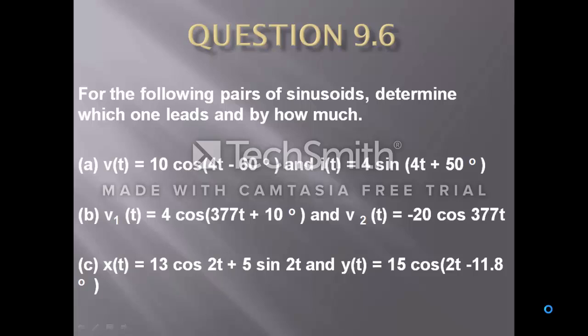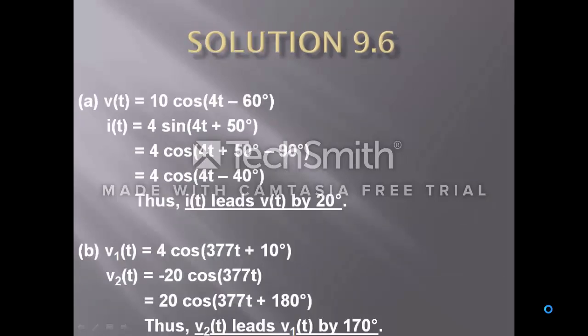And for the C part, x(t) equal to 13 cos 2t plus 5 sin 2t and y(t) equal to 15 cos 2t minus 11.8 degrees. First, what we need to look out for is that all the parameters should be in one single waveform. That is, if the first equation is in sine, then the other should also be in sine, so that we can calculate the phase angle between them.